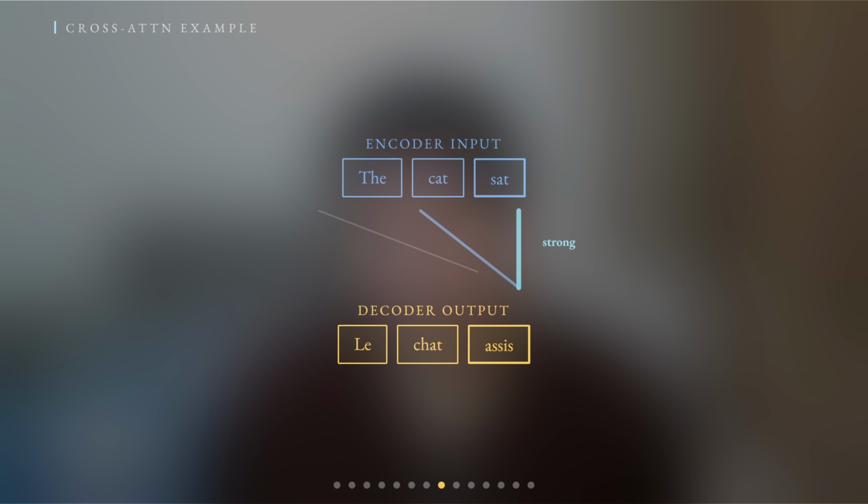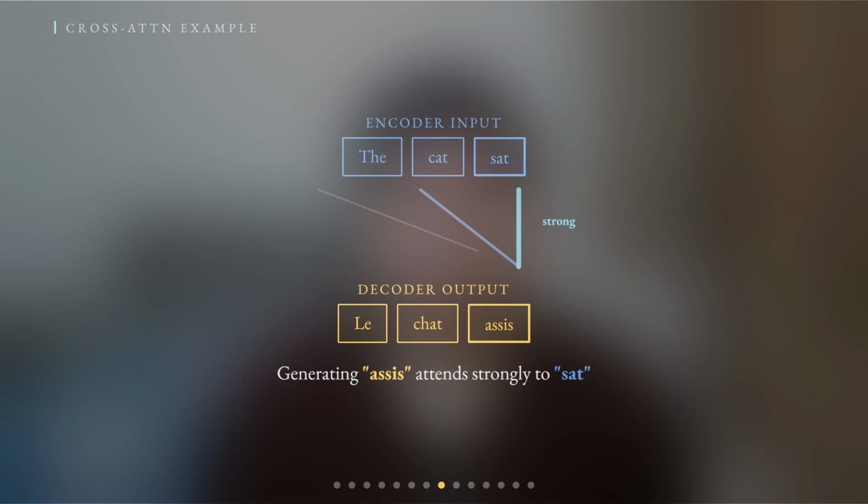That thick cyan arc represents high attention weight, and the model has learned that sat in English directly corresponds to assis in French. There is a weaker connection to cat because the subject matters too, right? And the gets very little attention because it has no relevance for this particular word.